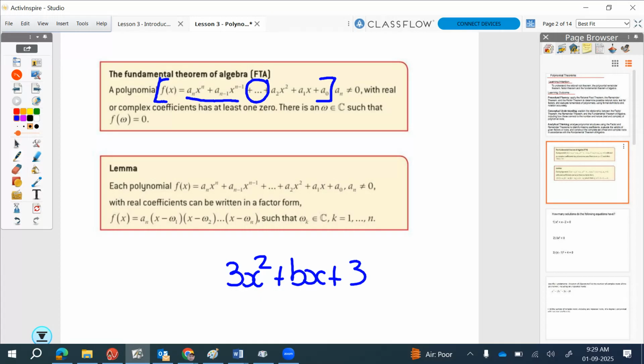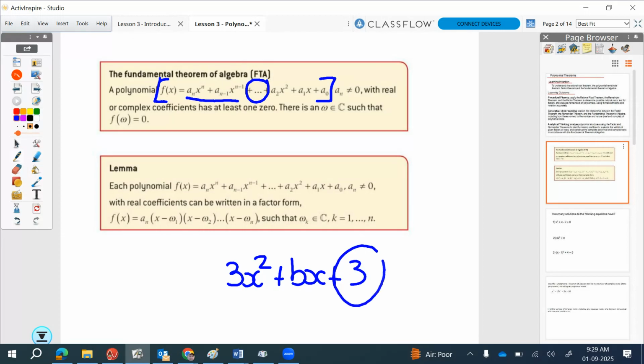The nth term is a more general statement. a_n is the first term in the sequence, and then the second term is a subscript n minus 1. Whatever n is, we subtract 1, and they cascade down all the way through until you get to a2, a1, and a0. So our last term in the sequence is a0.